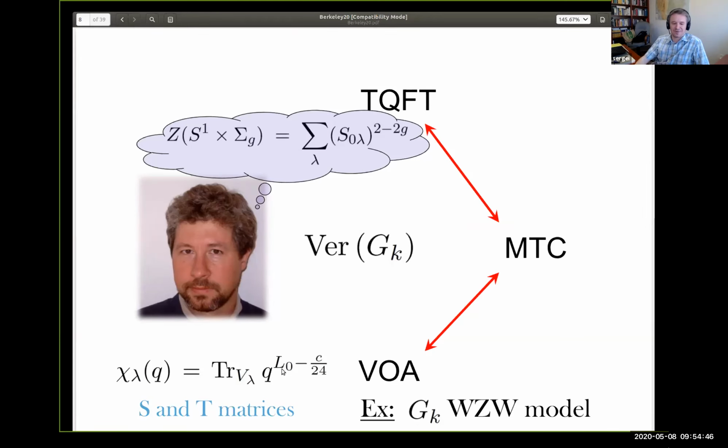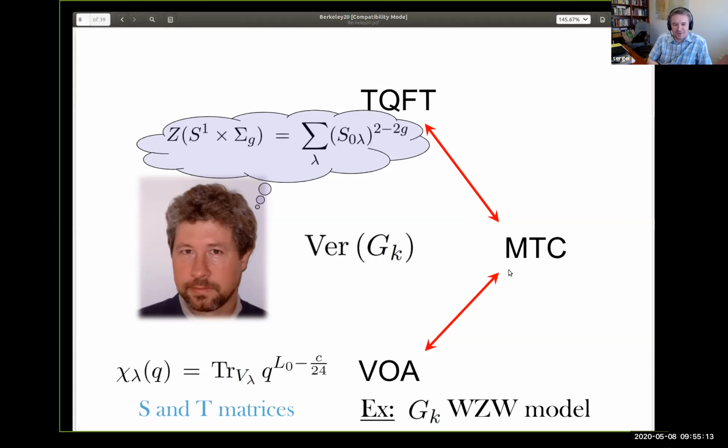So there is a set of them labeled by lambda, and they'll be permuted one into another or linear combinations via this action on tau through S and T matrices. And these S and T matrices are precisely the ones which we saw in the world of MTC. So this arrow between modular tensor categories and vertex operator algebras is precisely encoding how the modular group acts on characters of vertex operator algebras.